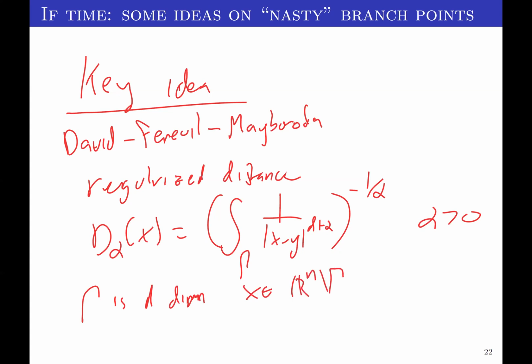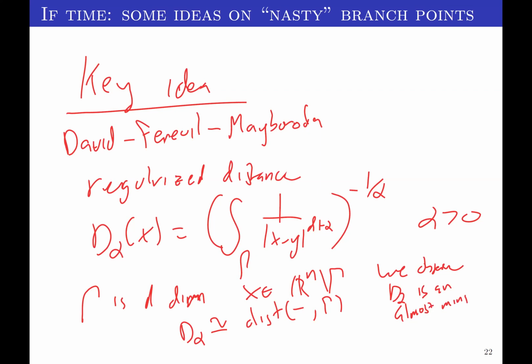What they show is that d_alpha is basically a smoothed out version of the distance function to Gamma. And we observe that d_alpha is an almost minimizer to J for all nice Gamma.